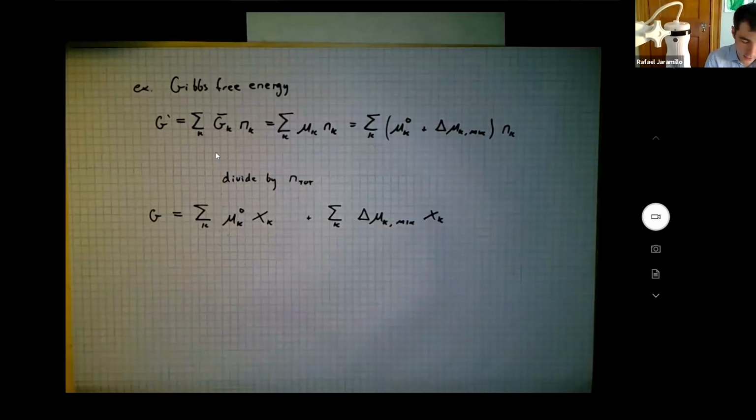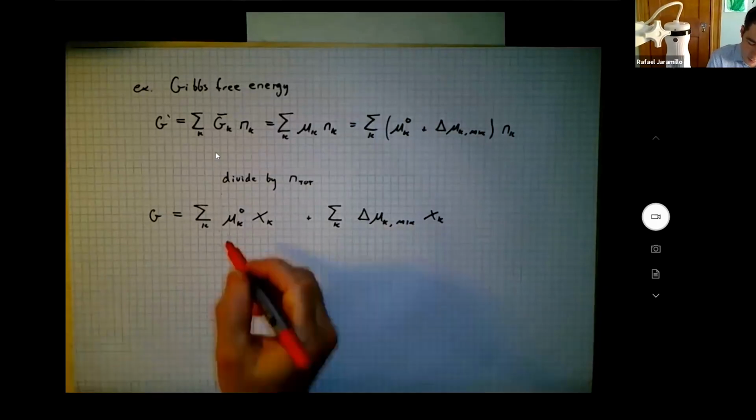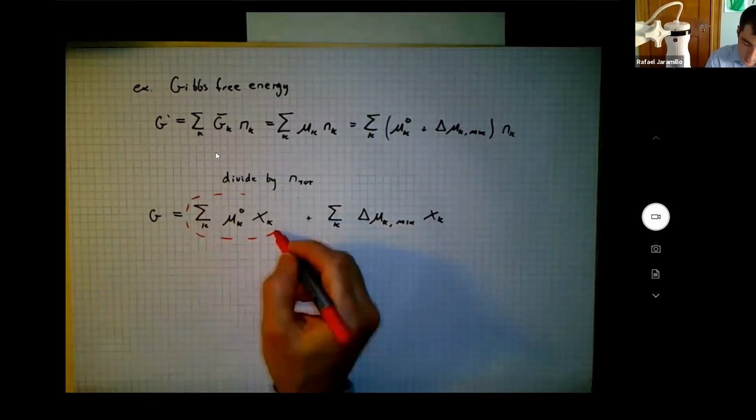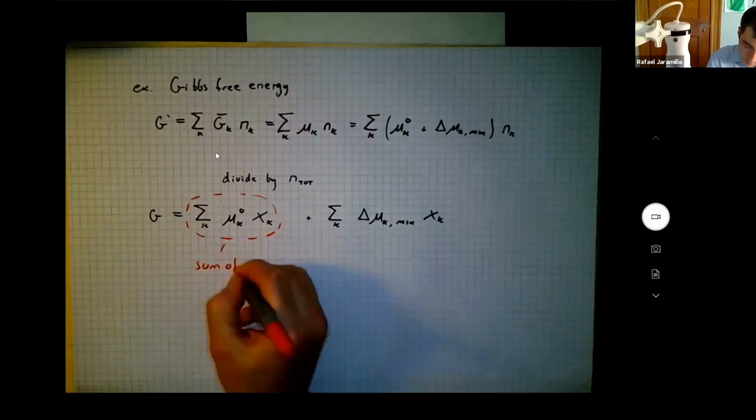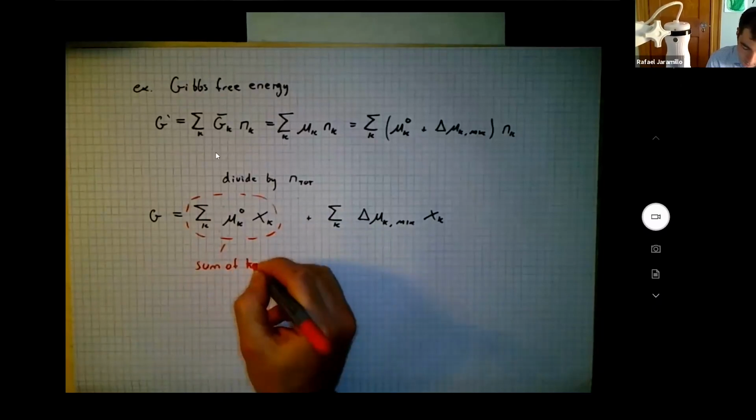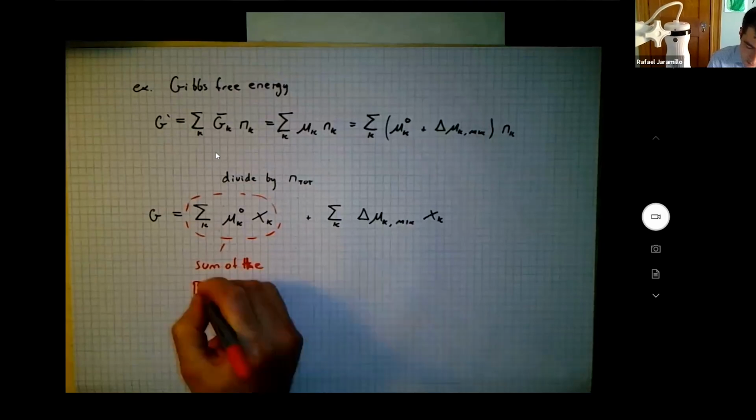Okay, and again, this is the sum of the pure components.